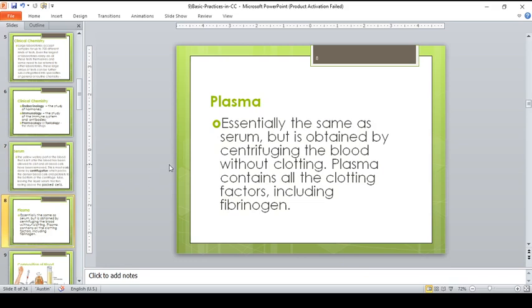In plasma, mostly they are the same in the sense that plasma and serum are taken from a whole blood. The main differences between these two are, of course, the presence of fibrinogen in plasma. And, of course, the plasma did not undergo the clotting process and it contains an anticoagulant.